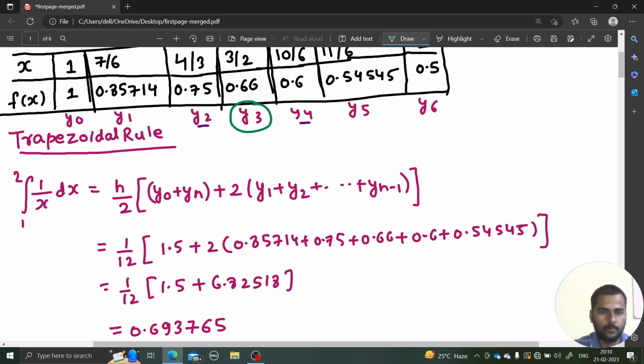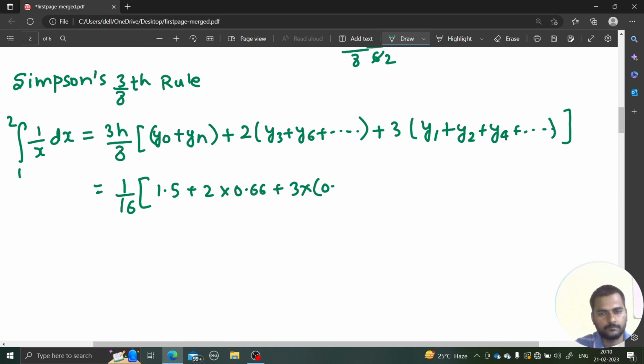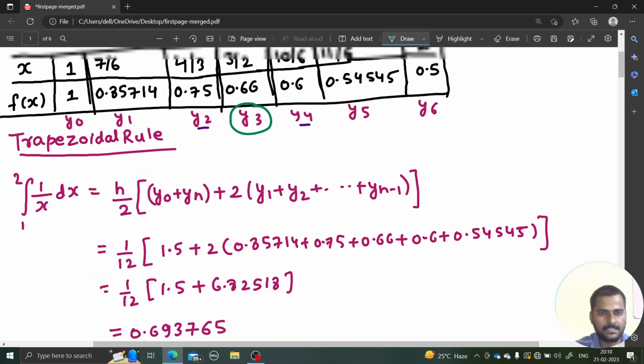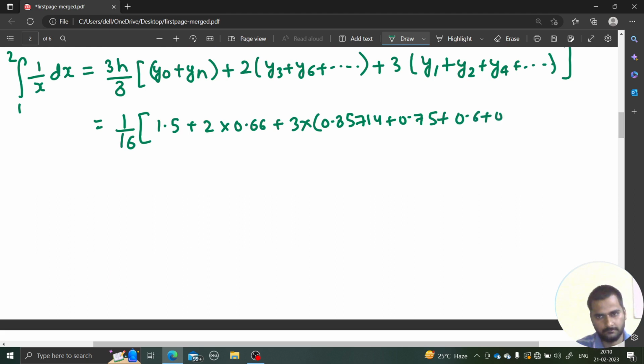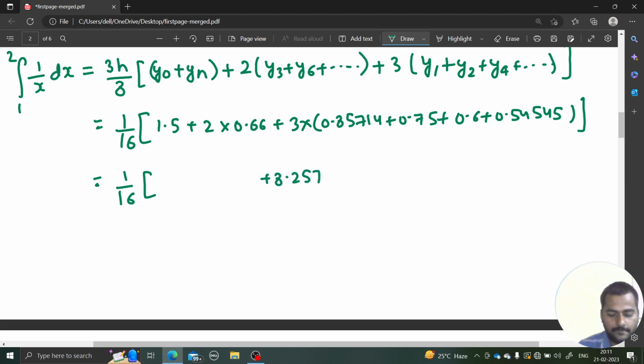So 0.85714, 0.75, 0.6 and 0.54545. This is 1 by 16, and this 3 multiplied by 0.85 and so on is giving me 8.25777.